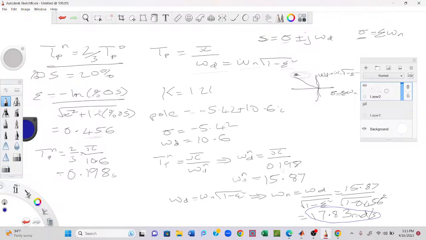You know this. And we know this. So these three can help you find your new pole, the new position of the pole.